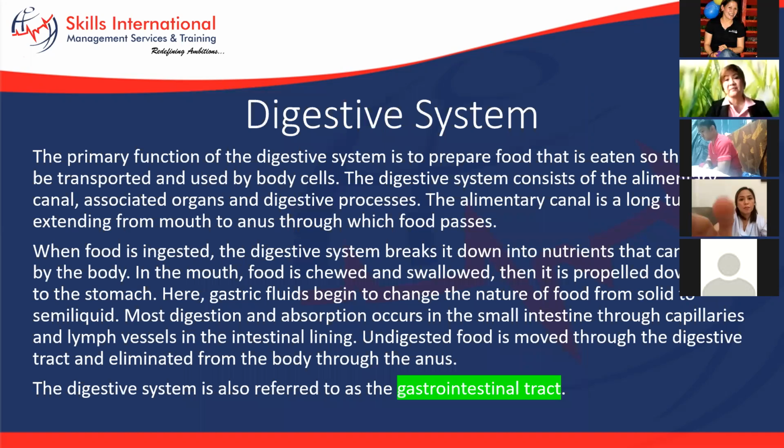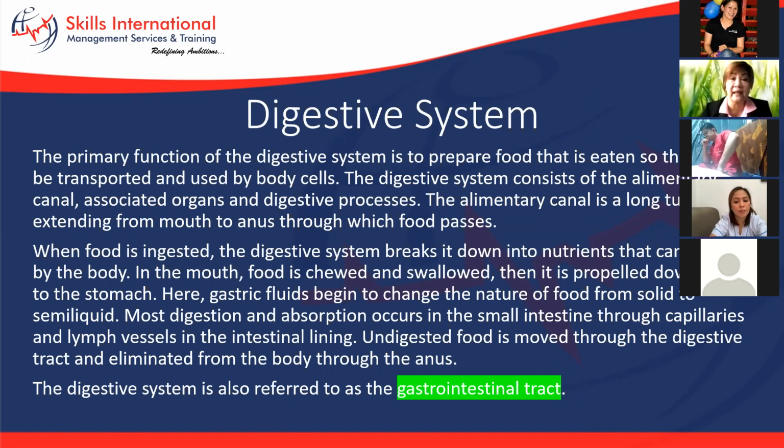About digestive system. Digestive system, ang function nito is to prepare food that is eaten so that it may be transported and used by body cells. So ang trabaho nito ay yung pag may pinasok sa bibig hanggang doon sa puwit natin lumalabas.